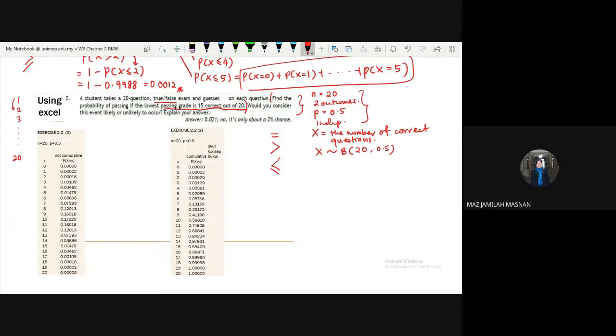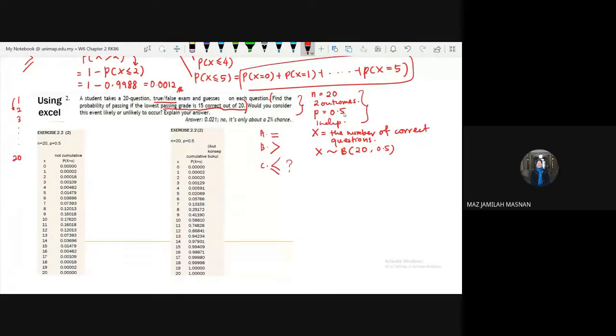Can someone try? A, B, C. Which one? A, B, or C? C. Why C?